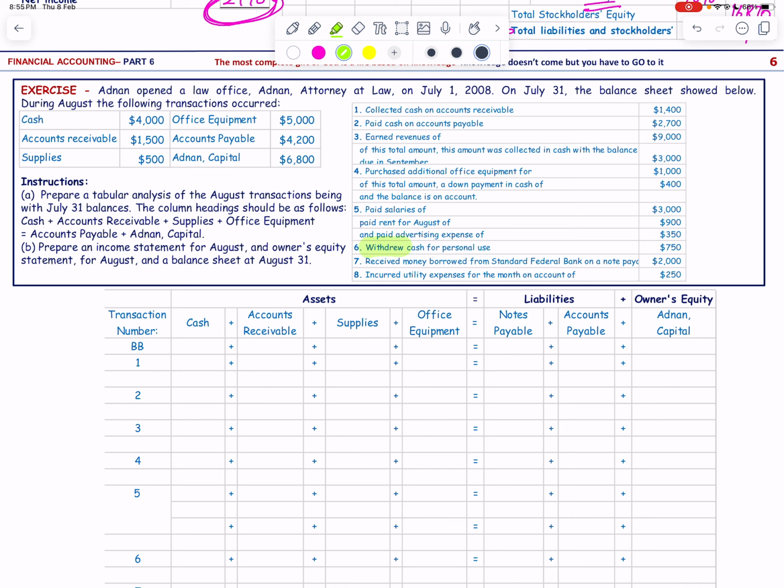Now we have to prepare a tabular analysis with July 31st balances.